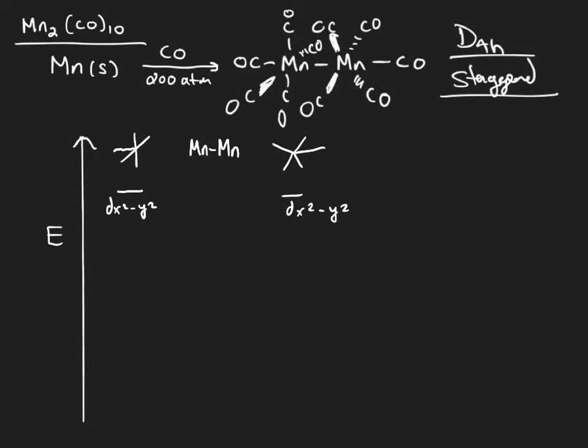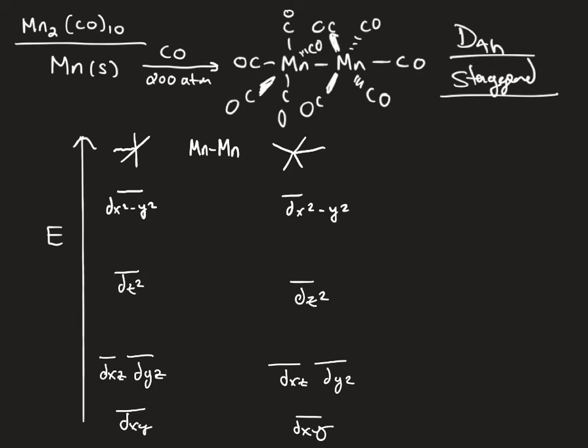So we have our dx squared minus y squared, followed by the dz squared, dxz and dyz, and then finally the dxy.